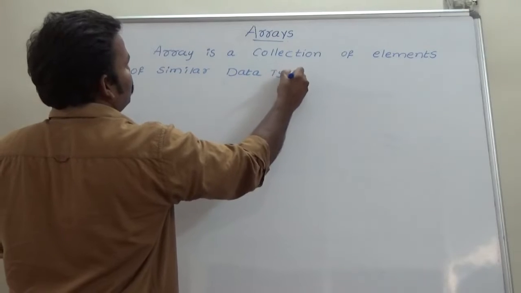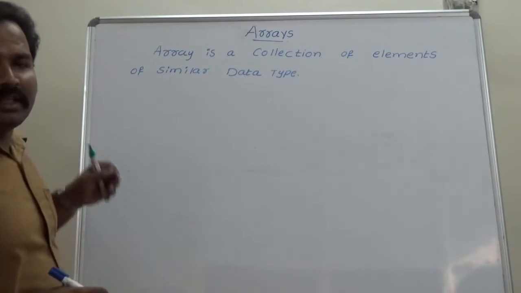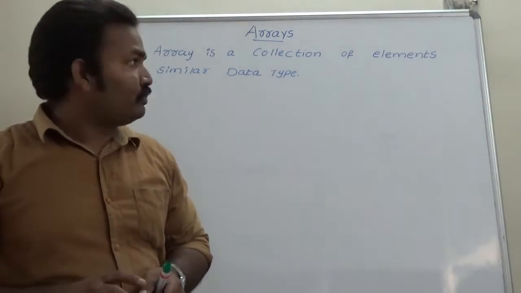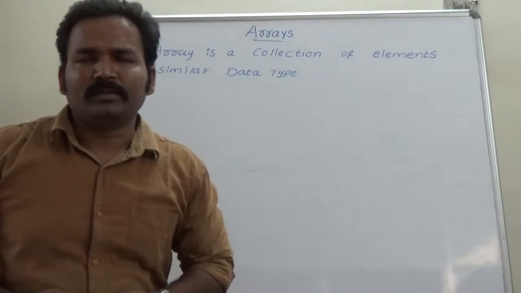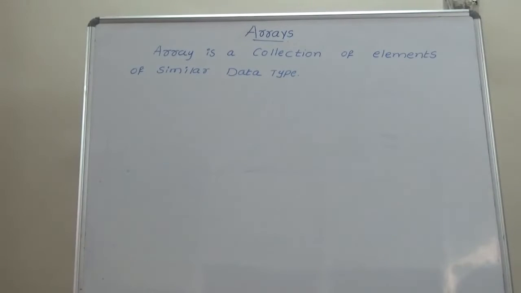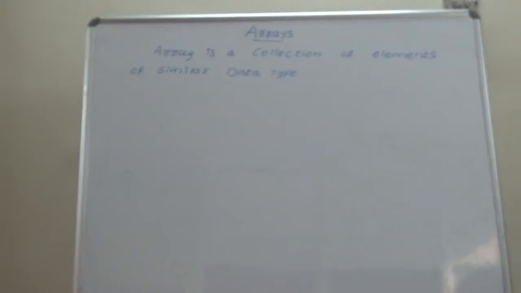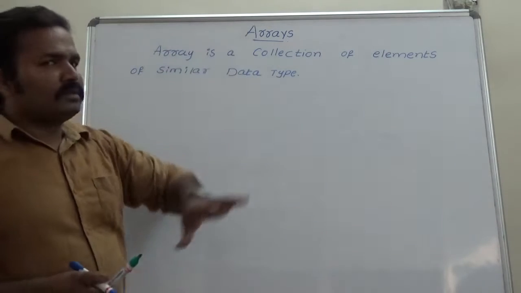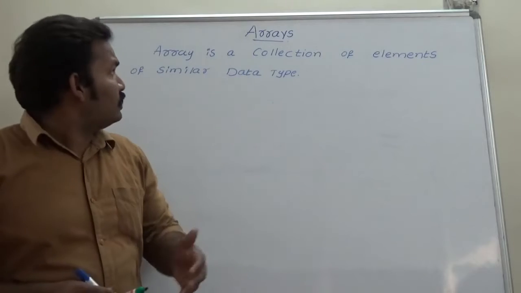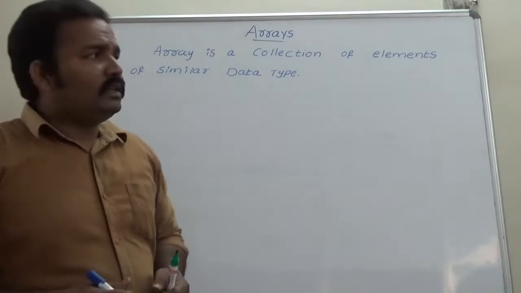Okay, clear? Array is a collection of elements of similar data type.